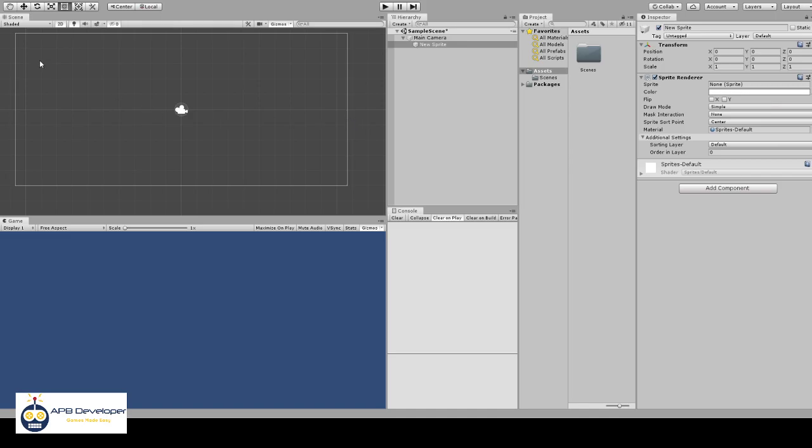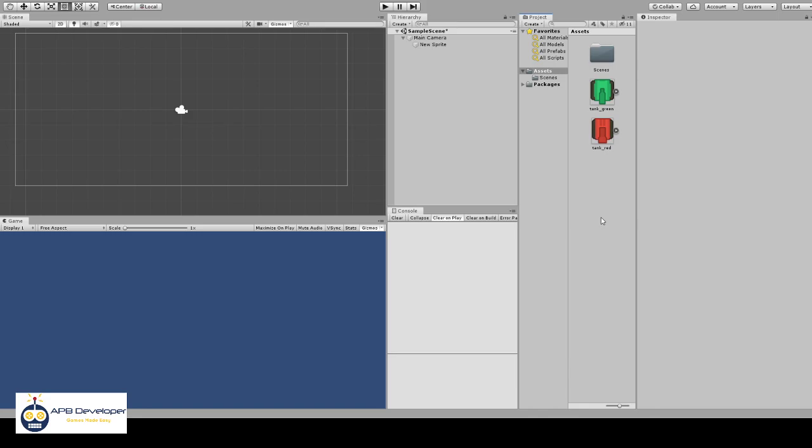One second while I pull in some graphics. I'll just put in two sprites. There we go. I've brought in a red and a green tank.